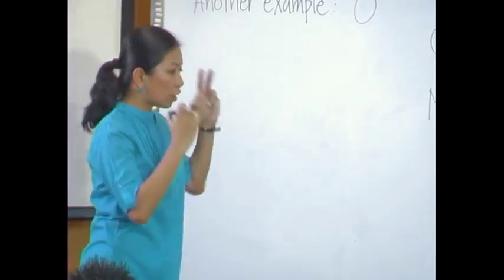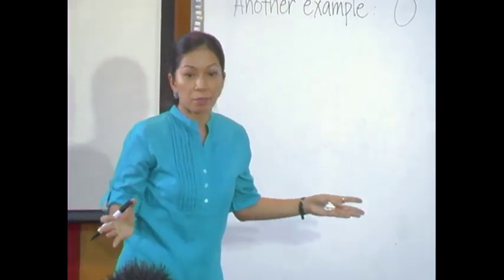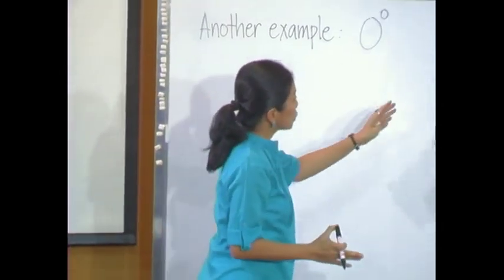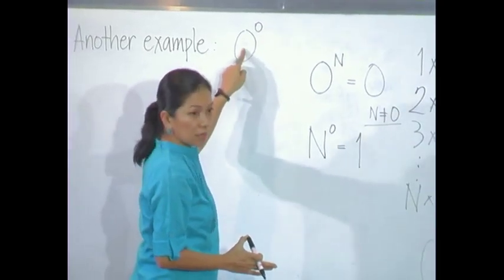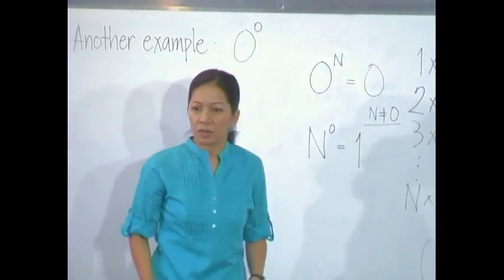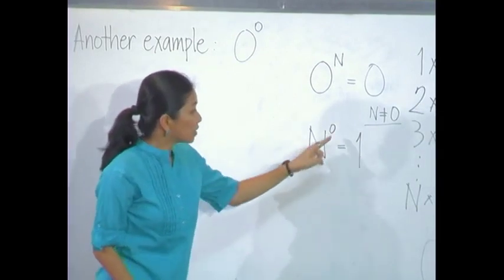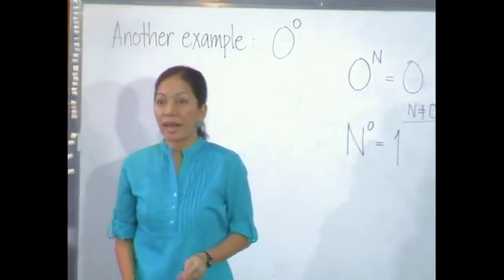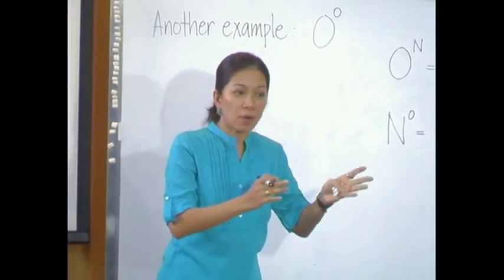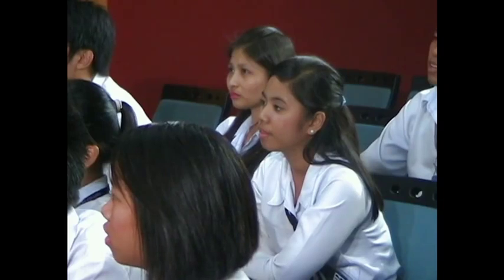Just off the top of your heads, we're not even proving this yet. But just by looking at it in this manner, 0 as a base should give us 0. 0 as an exponent should give us 1. Now 0 as both base and exponent will give us 0, 1, 0, 1.